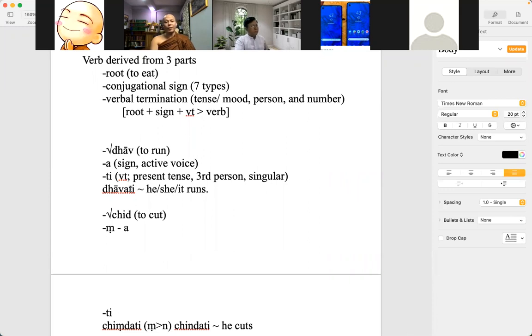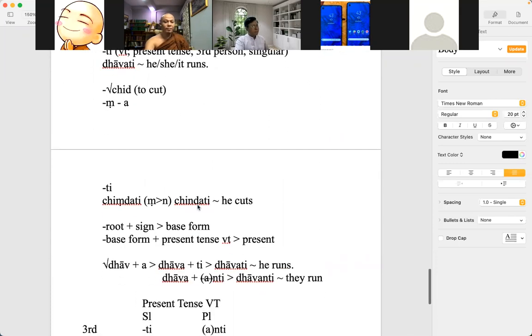So why did it get dropped? Why does it not just form a long vowel?